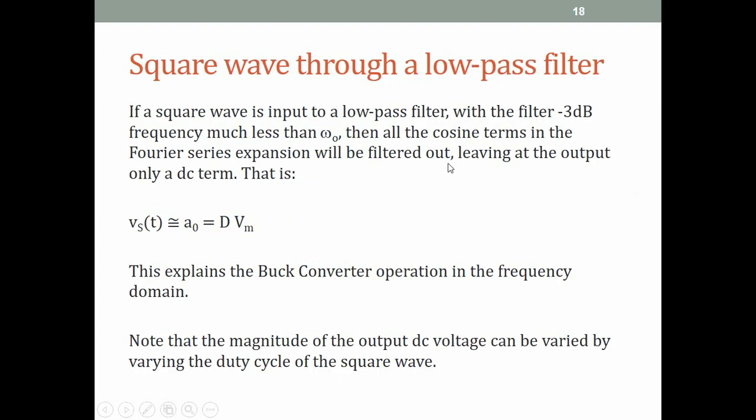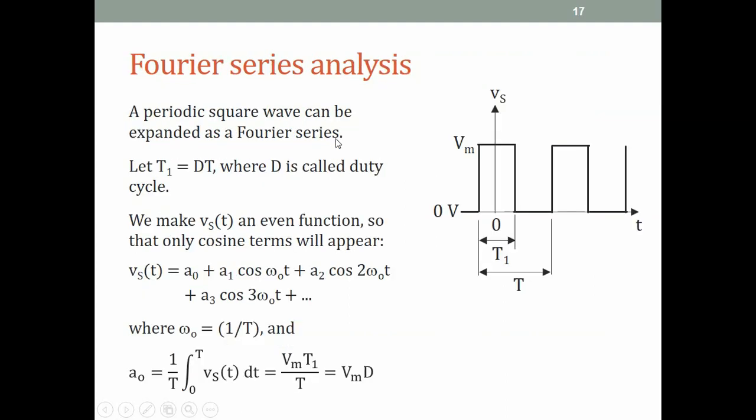Here is an observation: if the filter minus 3 dB frequency, which we've called omega f, is much less than omega naught, then all these components, with frequency omega naught, twice omega naught, thrice omega naught, and so on, will be filtered out, because the LR circuit is a low pass filter.